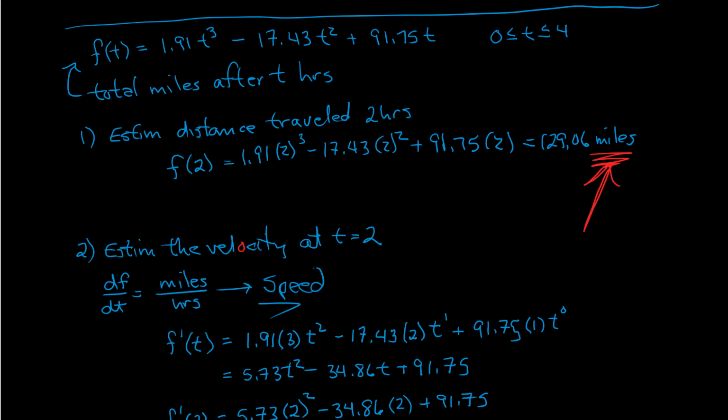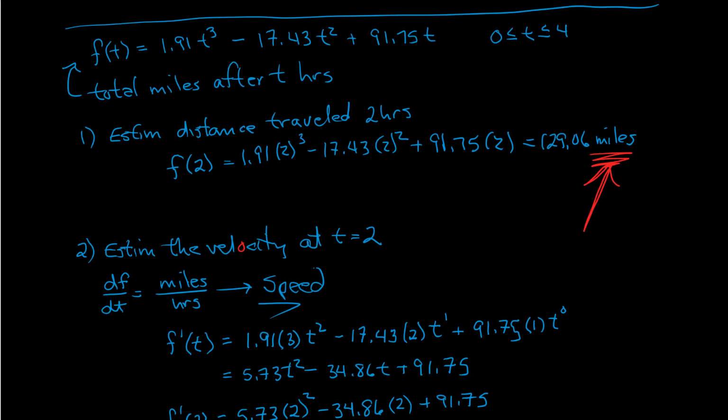Okay, so if you're asked to compute the velocity at 2 hours, what you first want to do is to get an equation that will estimate velocity. Well, that's the derivative. When we take the derivative of this function, the function up at the top, we're going to have from the first term the 1.91 times the exponent of 3, t squared.